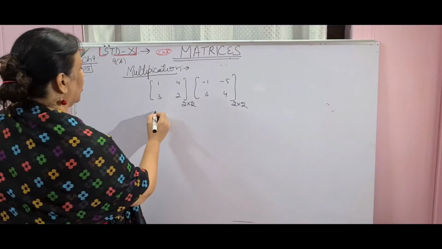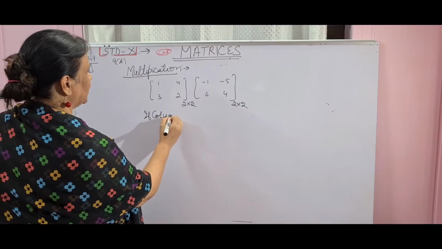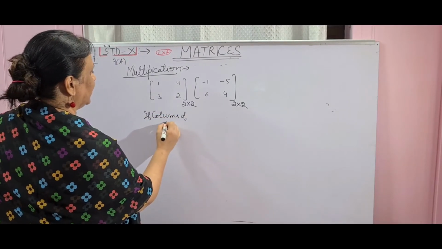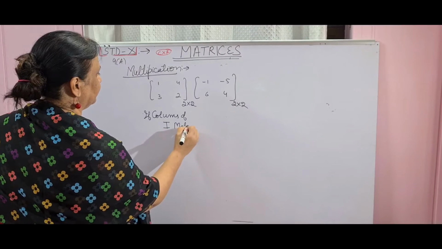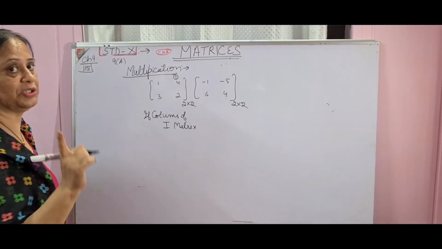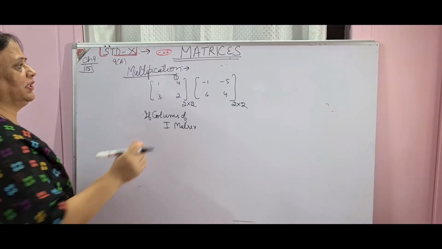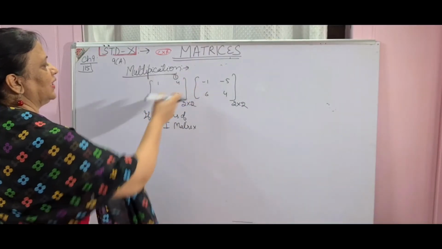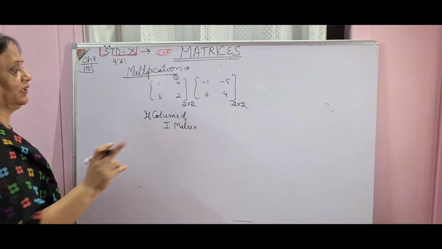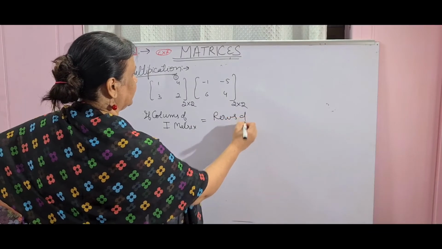Columns of the first matrix, and you are not going to change the position of the matrices. As it is given to you, write it like that. Don't swap the first or second matrix as you think; it is not possible in matrices. Columns of the first matrix should be equal to rows of the second matrix.